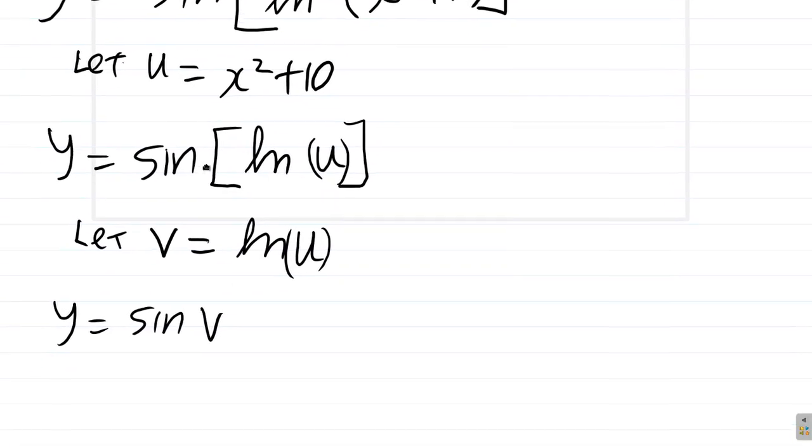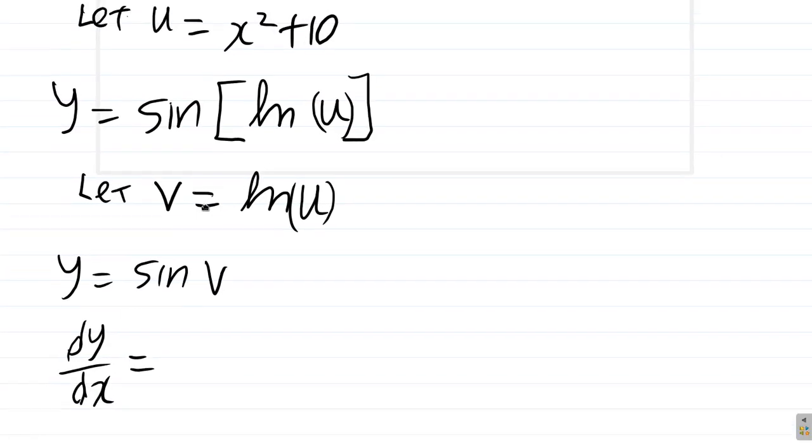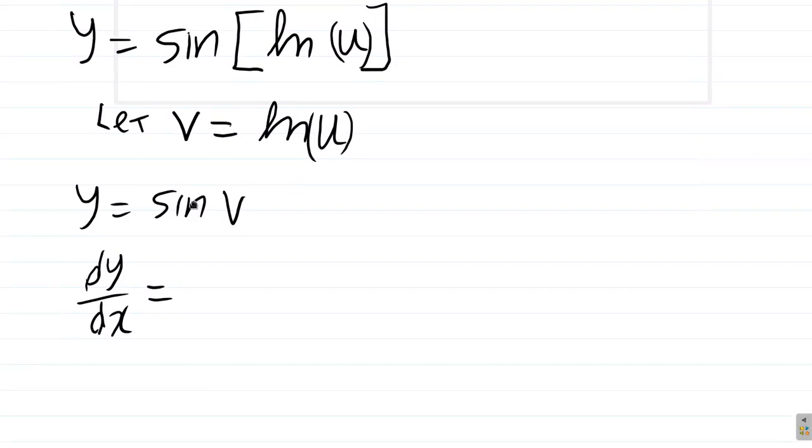Now, how do we set up our dy by dx? Chain rule. The derivative of y with respect to x, dy by dx, is equal to dy by dv. You can differentiate to find the derivative of y with respect to v.